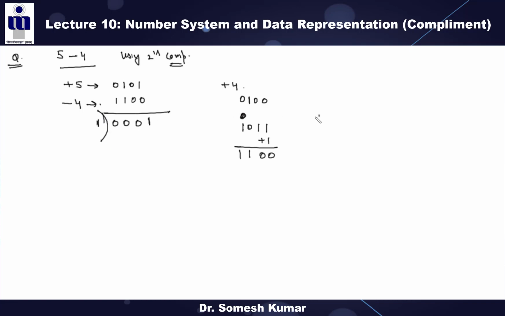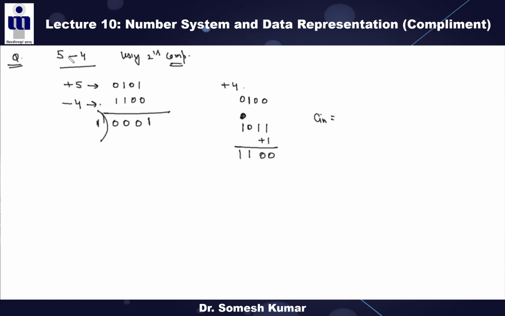Now tell me, what is C in this case? First tell me, by seeing this plus 5 minus 4, does overflow exist or not? First tell the basic condition for the overflow. Overflow exists only in that case when both numbers have the same sign.